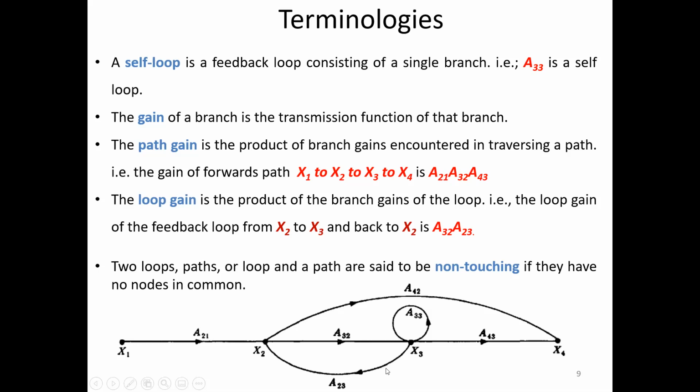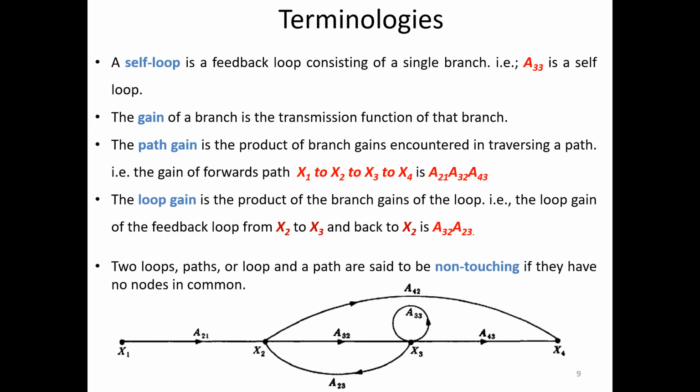So what is the loop gain? It is a32 into a23. How can I say that? While tracing this particular loop, I will be traveling through these two branches. I have to take the product of these branch gains, and that is what I'll get as the loop gain. So that is what we call a loop gain.